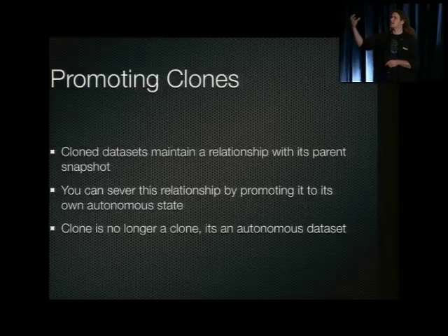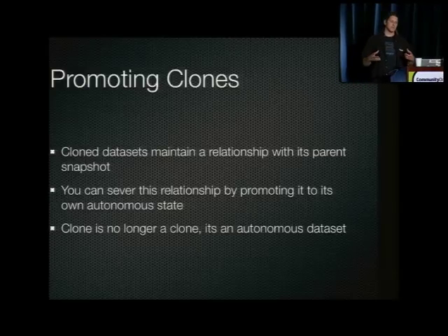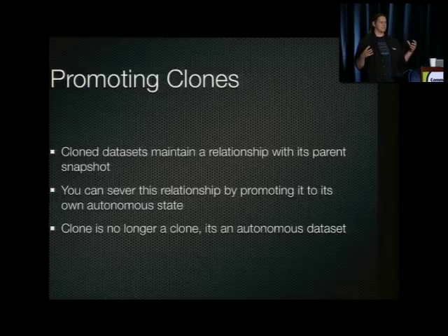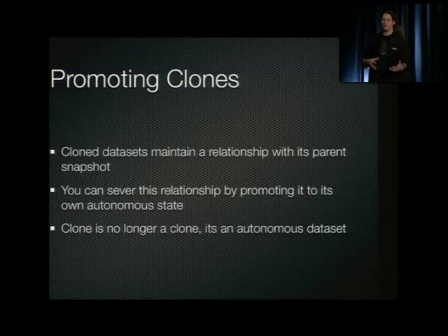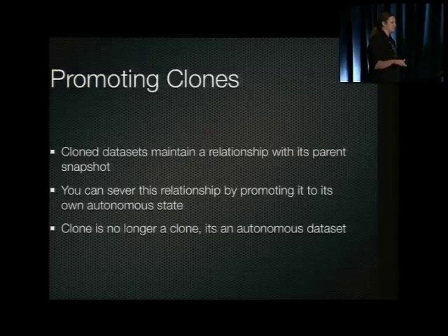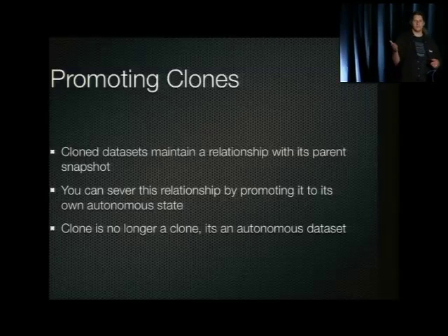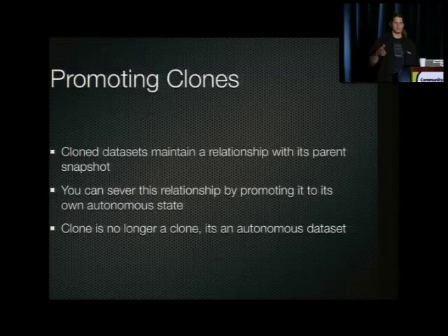Clone datasets maintain that relationship, so you can sever that relationship by promoting it to its own autonomous state. The trick is that when you do that, you're no longer dependent on that snapshot, which means you have to duplicate all that data. So the clone that was using no disk until you changed the contents now actually consumes disk space. But it's autonomous.